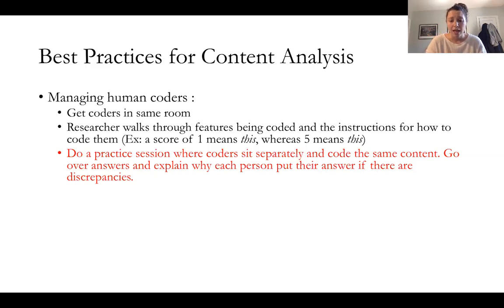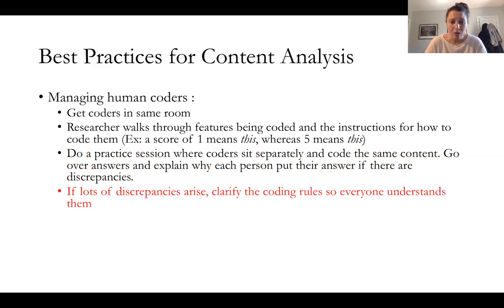And then if it's necessary, you have to clarify the rules so that everyone understands them. If someone's giving a speech a 1 for really, really pessimistic, and someone else is giving it a 4 for fairly optimistic, that means the code rules are not written in a very obvious and clear way, right?